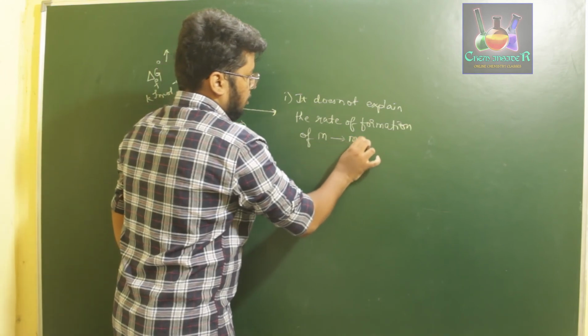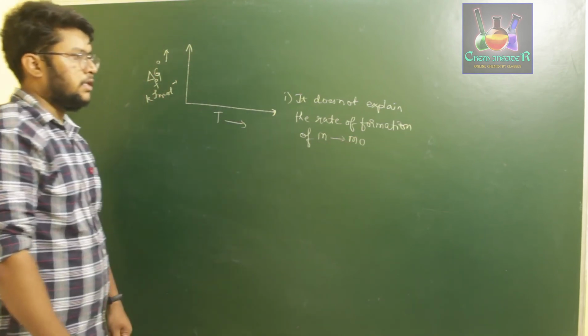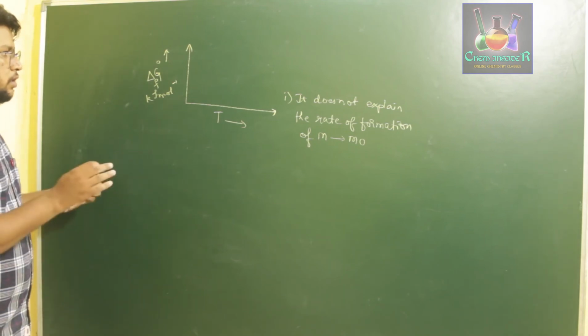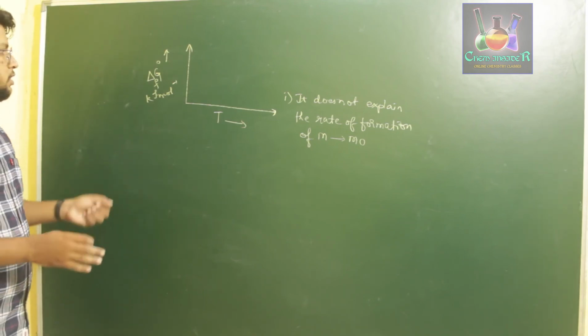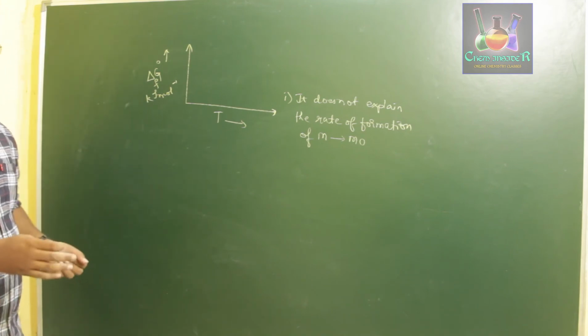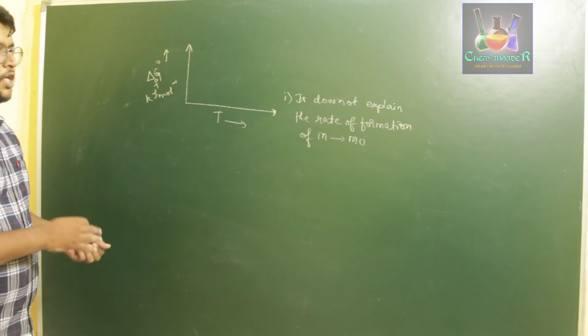Even though this is a plot of delta G of formation of metal to metal oxide versus temperature, it does not explain the rate at which this reaction can occur.